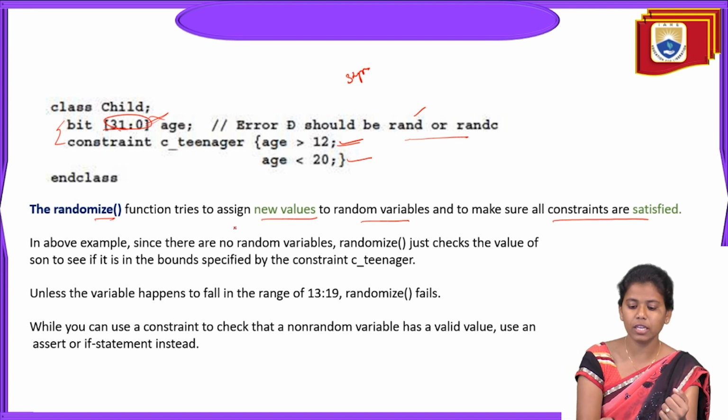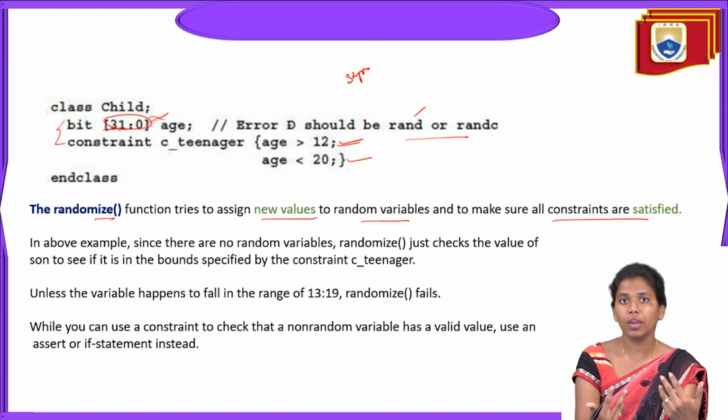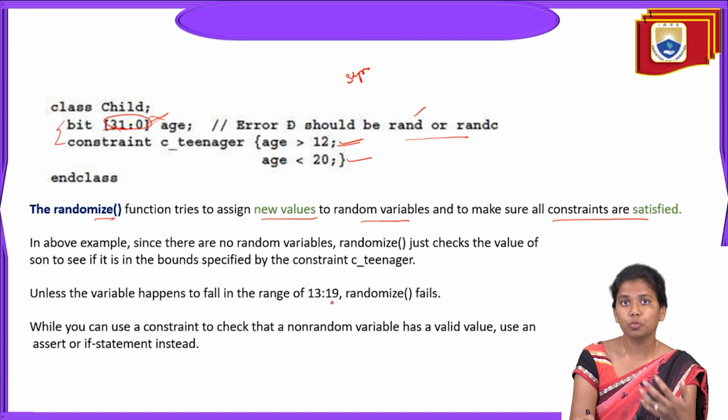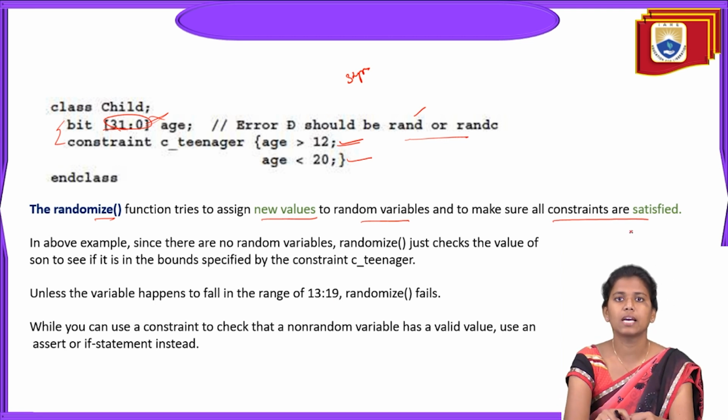In order to overcome those failures, randomization will help us. It tries to assign new values. As a designer, I can make use of randomization to give new values to the random variables, to make sure that all the constraints are satisfied.